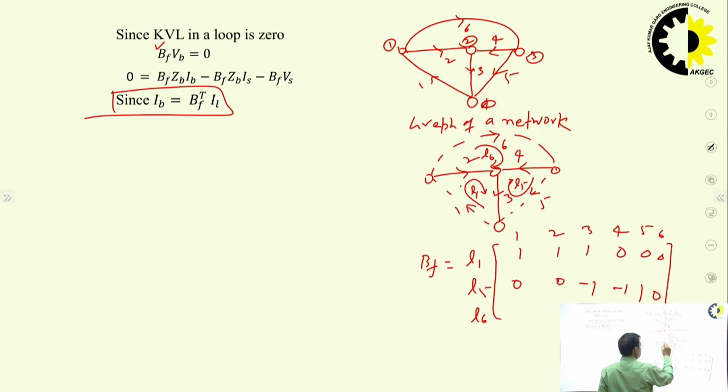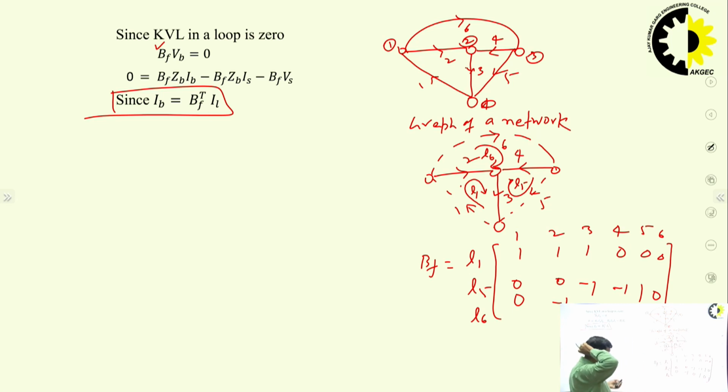Come to this. The orientation of the fundamental loop is along the link. So 6 is plus, 4 is also plus, 5 is 0, and 2 is minus 1. So this is the fundamental tie-set matrix you can write.